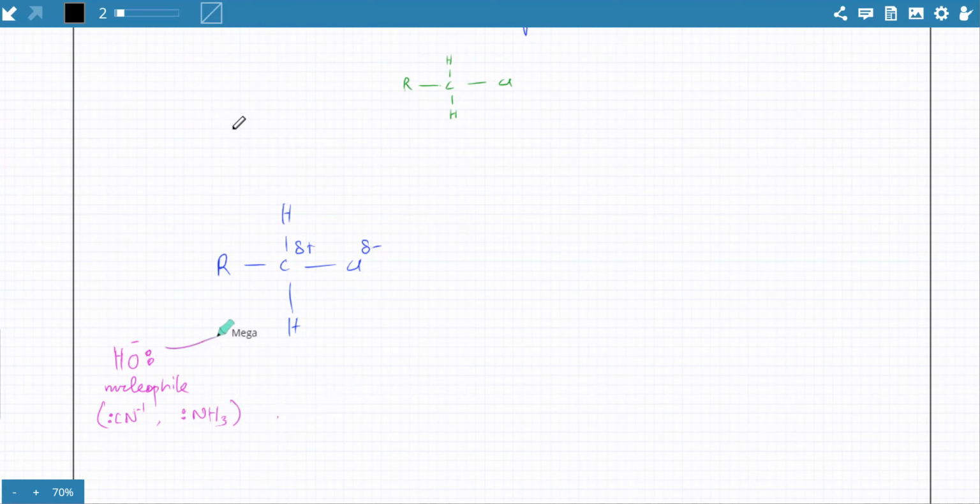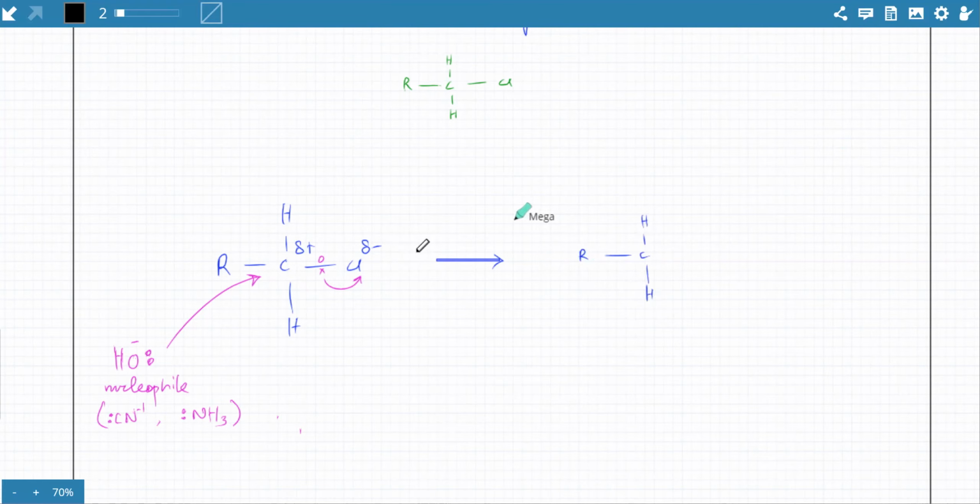And if the OH minus gets attracted to this positive carbon, the electrons over here in this bond are going to break and get repelled. Cl wants to pull electrons, and OH minus, with its negative charge, is pushing the electrons further away. In the next step, a transition state is forming. You have R and you have carbon and you have hydrogen and hydrogen.